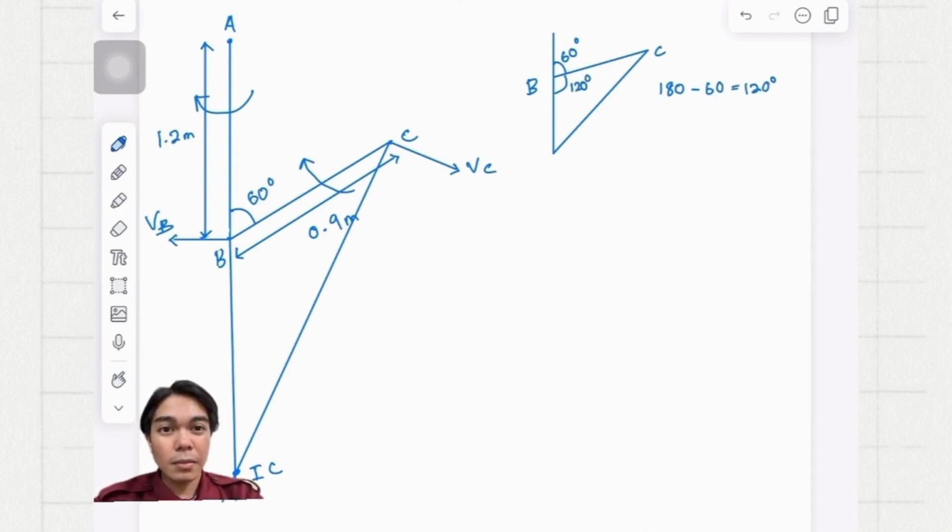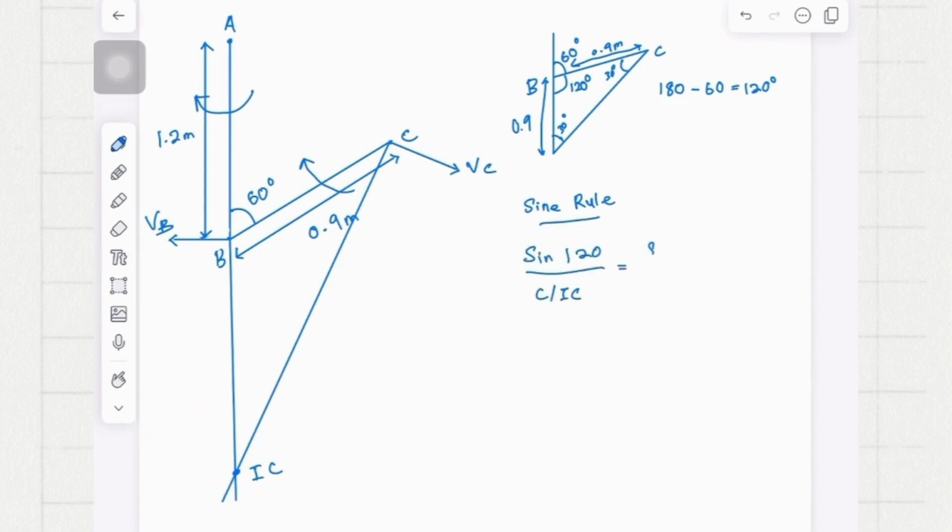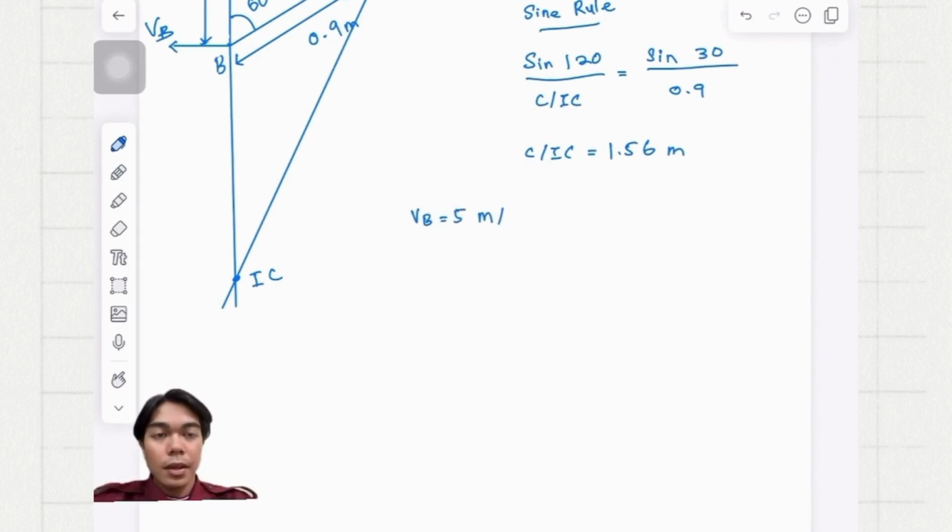The length between B and IC and BC is the same, which is 0.9 meters. From that, we can find the length from point C to IC by using the sine rule, and the length from point C to IC is 1.56 meters.